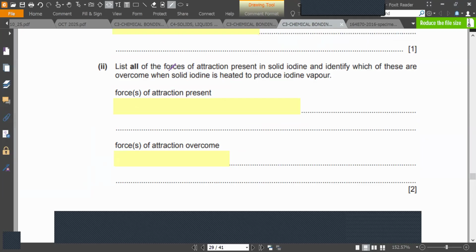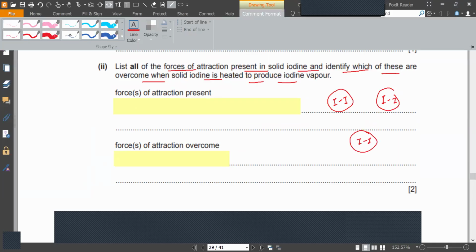List all the forces of attraction present in solid iodine and identify which of these are overcome when solid iodine is heated to produce iodine vapor. So this is the iodine. It has two types of attraction.